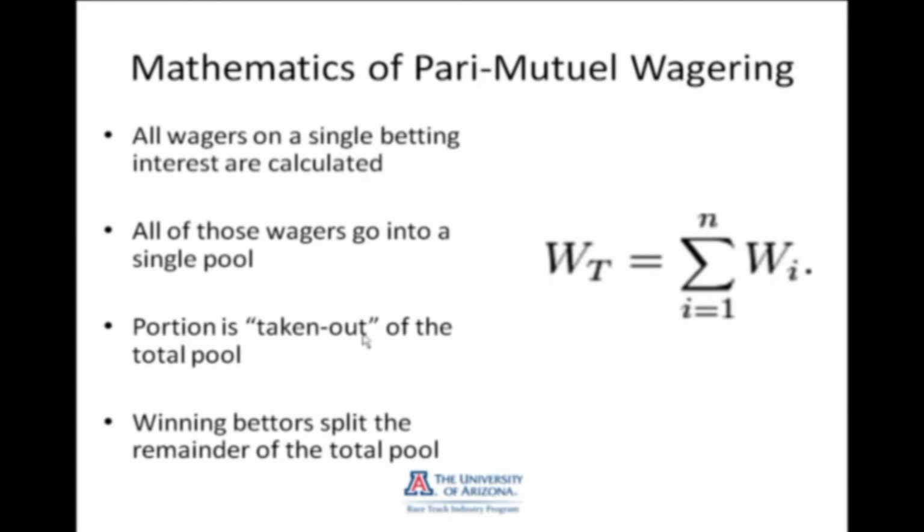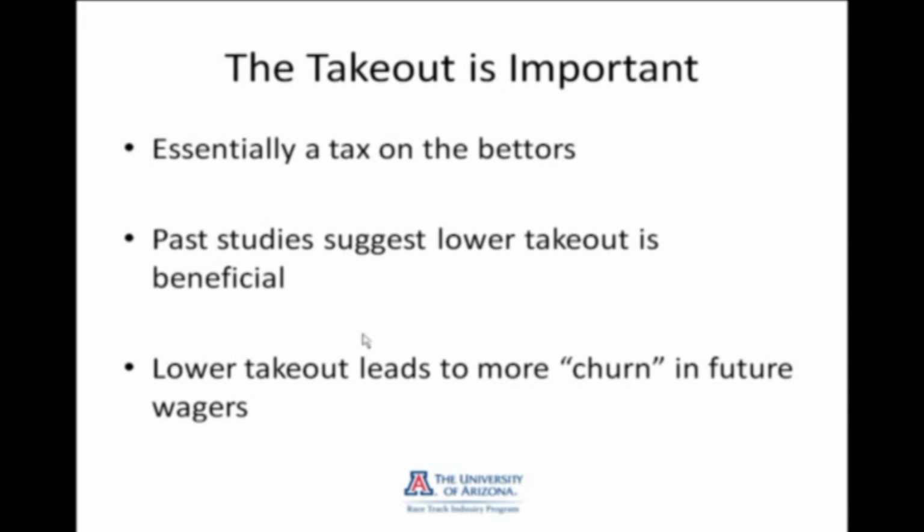It goes to pay purses. Part of that goes to state taxes, and in some states like California, that percentage is split up in many different ways. But ultimately, the most important part is that a portion goes to pay purses to the horsemen that have horses running in those races, a portion goes to the racetrack as their profits, and a portion goes to taxes. And then what's left, the winning bettors that had winning tickets on those races split the profits remaining from that pool, and that's what they get paid as a win wager.